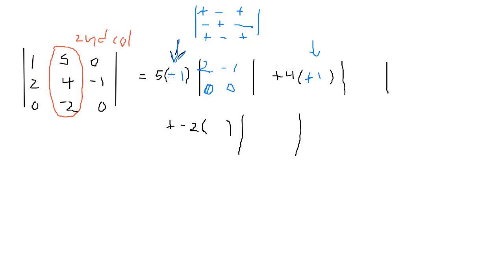Okay, so that saves you from doing the work of those exponents. That's right, Matthew. And what's the submatrix now for our second cofactor? Okay, very good. 1, 0, 0, 0. Yep, that's right. And then finally we have plus -2.